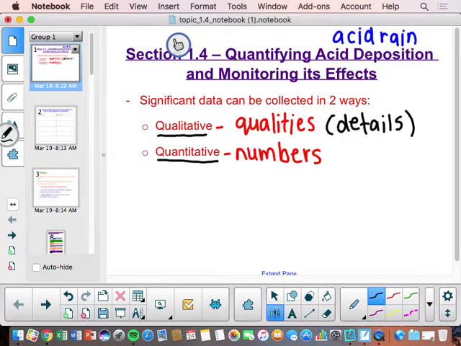That's quantitative data too. But we might write what it looks like outside. So like, oh, it's a cloudy day. That's a qualitative piece of information. It's not rainy, but cloudy, like it might rain. I don't think it's supposed to rain now.